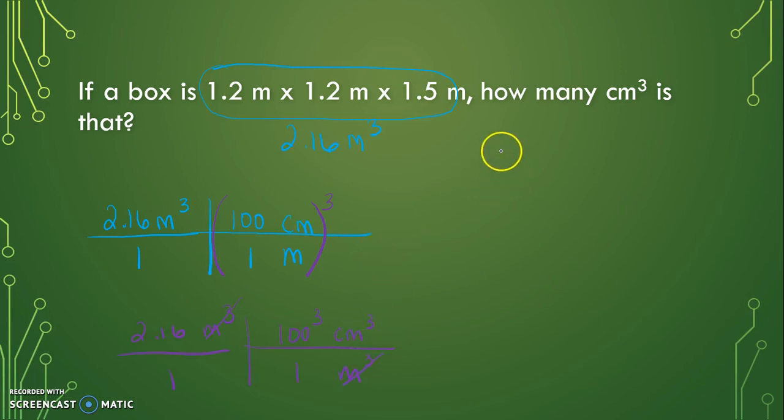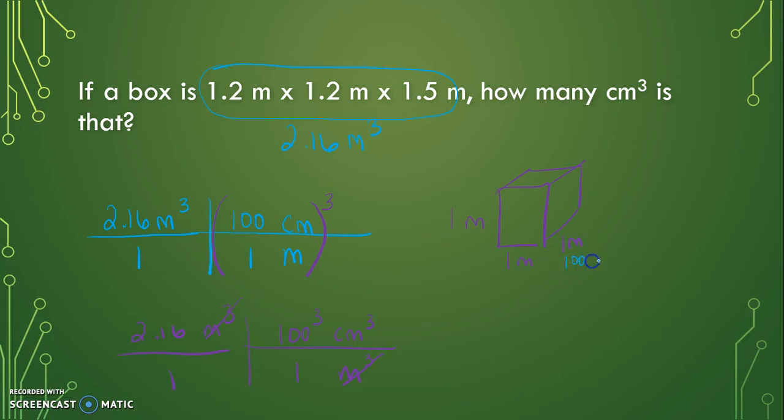The mistake that most of my students want to make is right here. They don't want to cube it. They think that you can just simply do 100 centimeters over 1, and you can't, because if you stop and think about it, if you have a box, it's a cube, if it's a meter on every side for the length, the width, and the height, then in terms of centimeters, it's not equal.